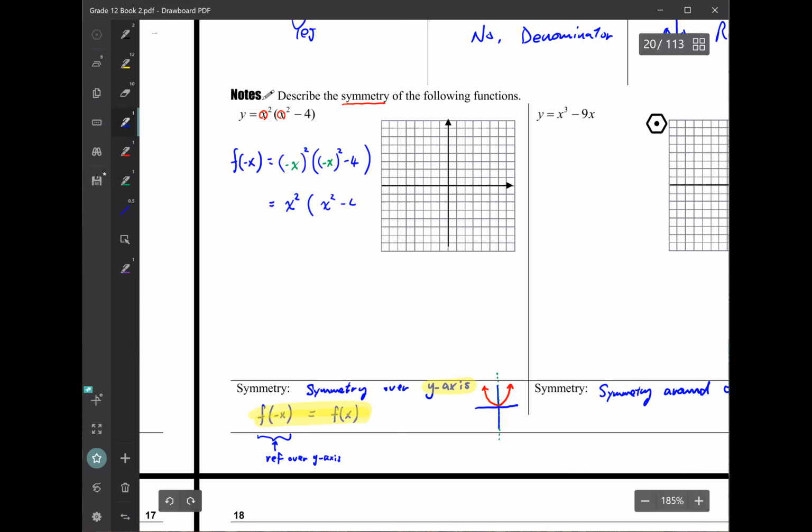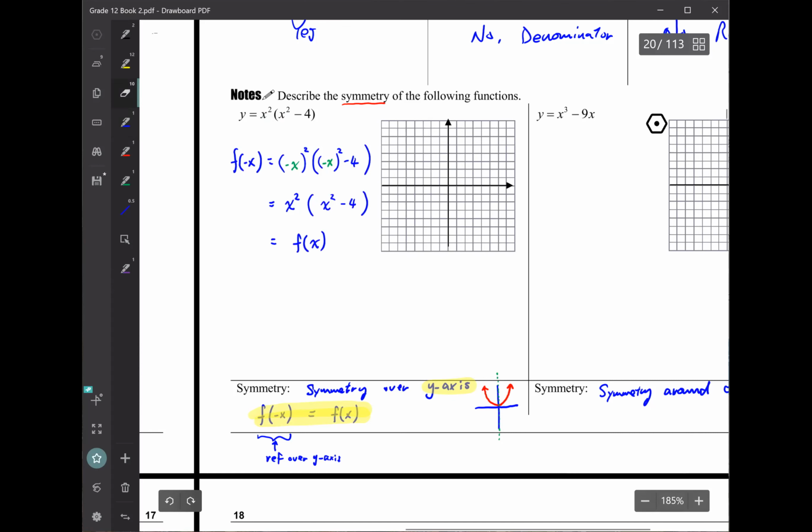And then minus 4 just stays. So now if you look at the simplified expression, it looks the same as the original. Even though we're subbing in a negative x, it disappears. The negative disappears because of the square. So it equals the original function, given from the question.